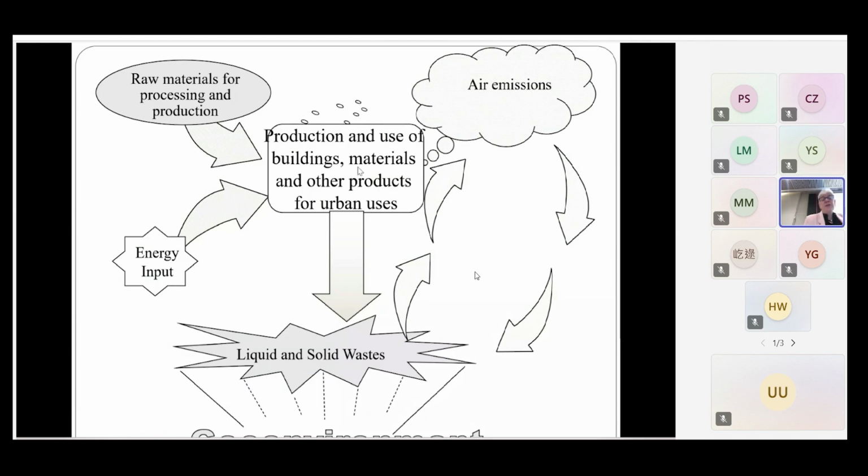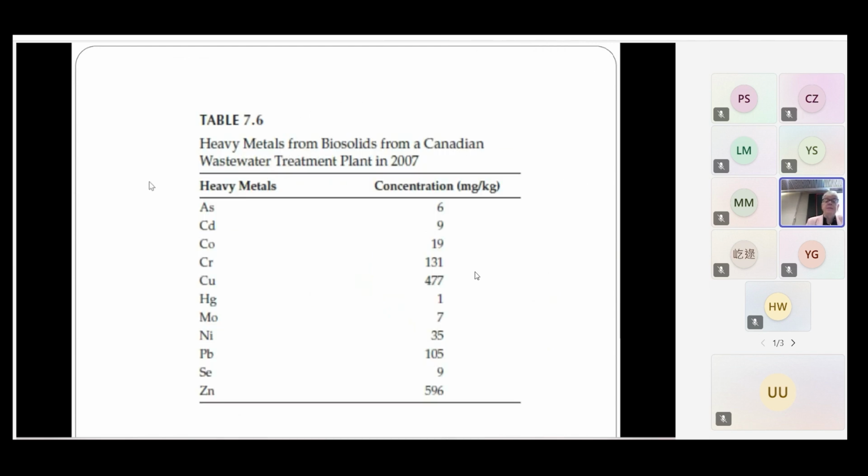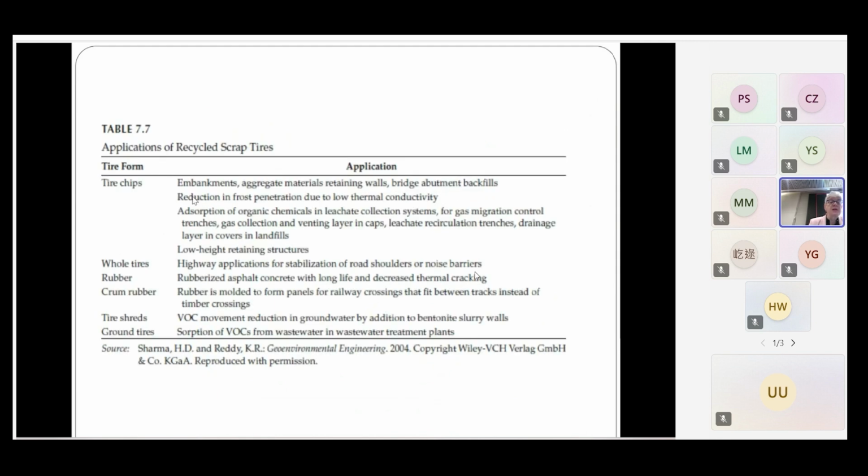You can have building materials also that could have leachates coming from them. And you can also have wastewater solids that are generated from wastewater treatment plants, which do absorb a lot of heavy metal contamination as well. You could reuse some scrap tires in different areas.